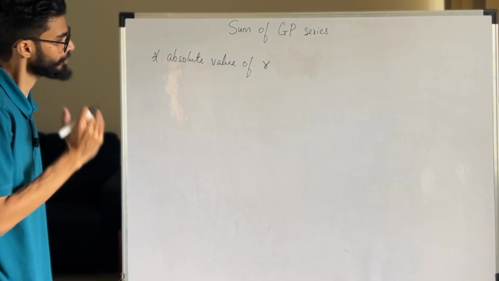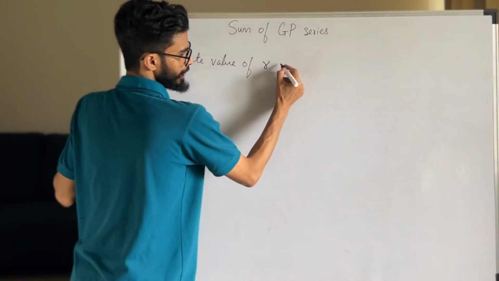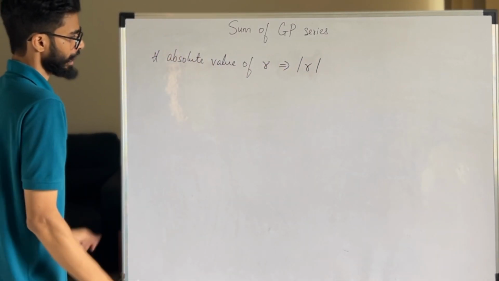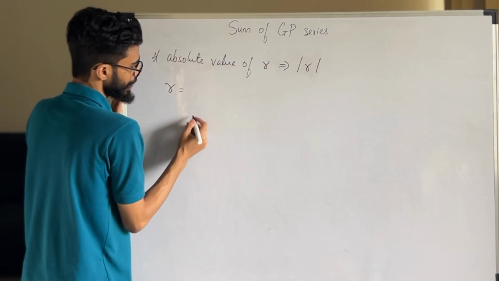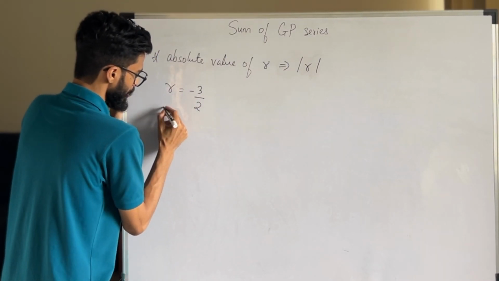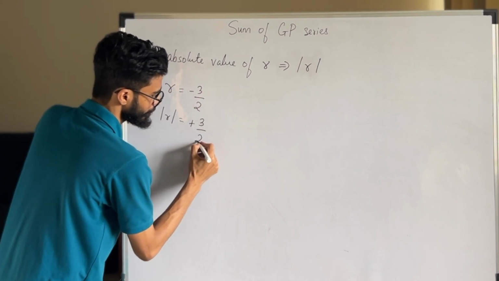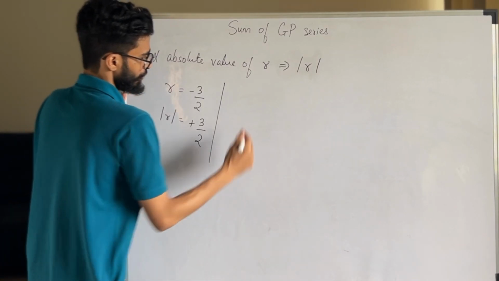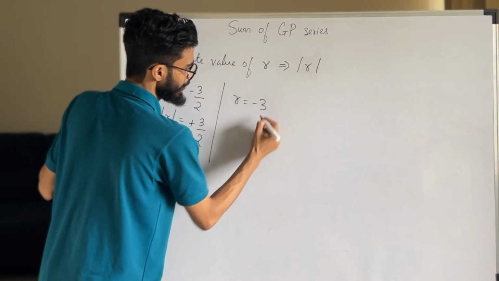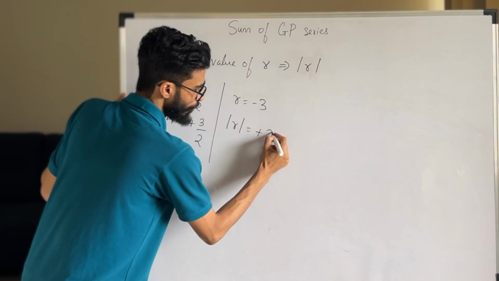Now in sum of GP series, let's understand absolute value of R. This is represented by this symbol. Now suppose my GP's common ratio is minus 3 by 2, then absolute value of R will be this value in positive. For example, if my common ratio is minus 3, my absolute value of R will be this value in positive.